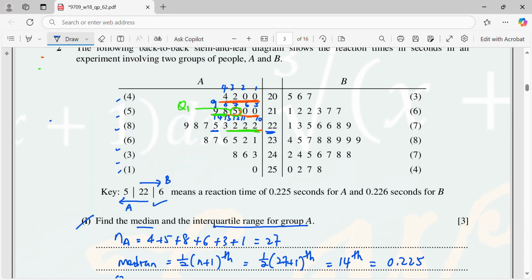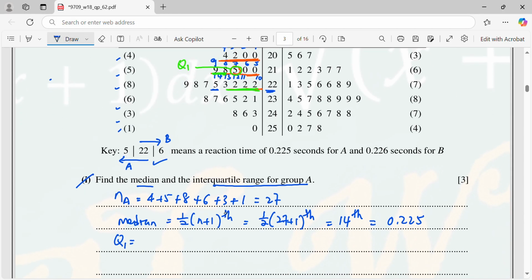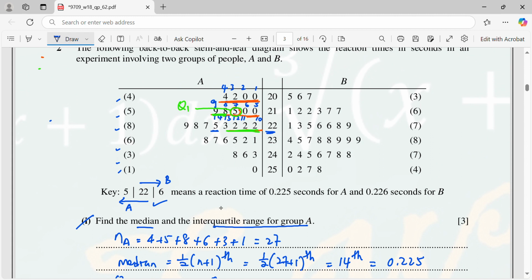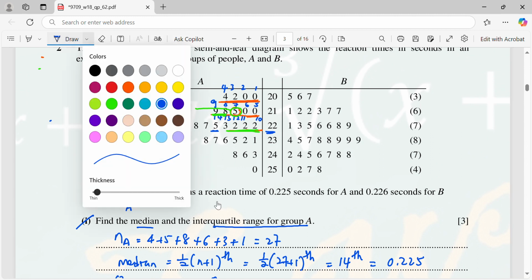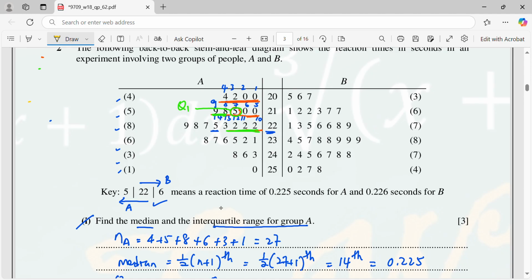So here I will write 0.215. And then my Q3 will be the middle of the upper half. That means it will be from this part. Here will be 1, 2, 3, 4, 5, 6.